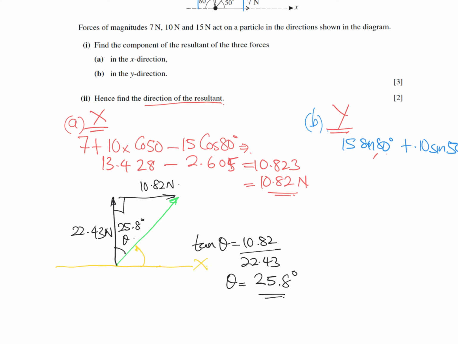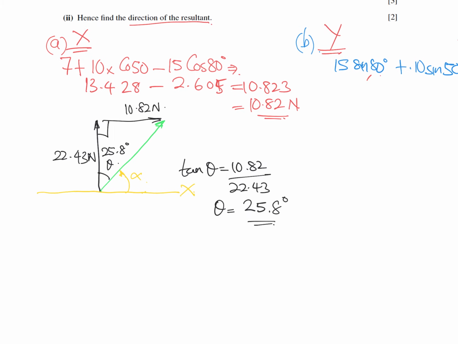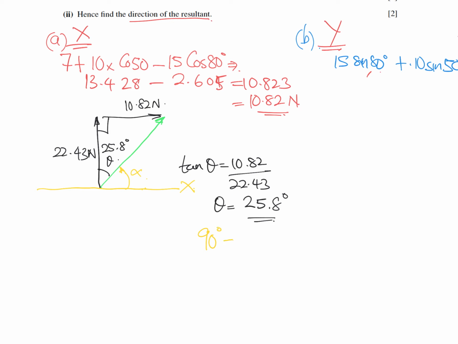So what is that angle? Let's find alpha. Alpha would be 90 degrees minus 25.8, which is 64.2 degrees above the x-axis.